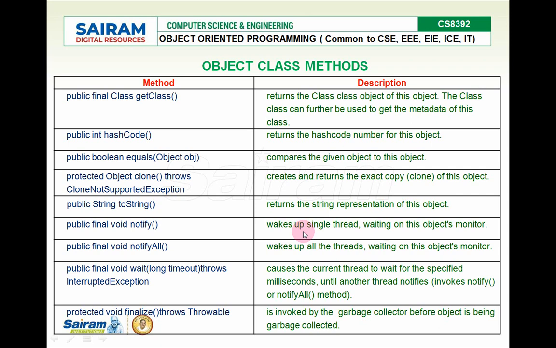For triggering that action, I have to wake up the thread. So notify wakes up a single thread waiting on this object's monitor. For example, if you call the notify method, the single thread is woken up and it is ready for running. Notify all means it wakes up all the threads.